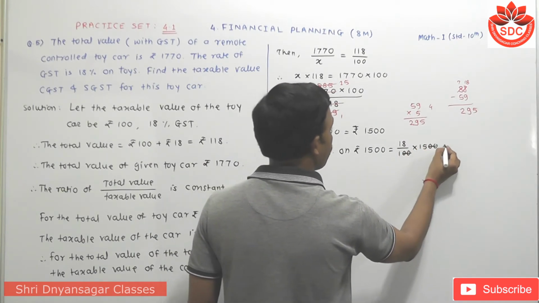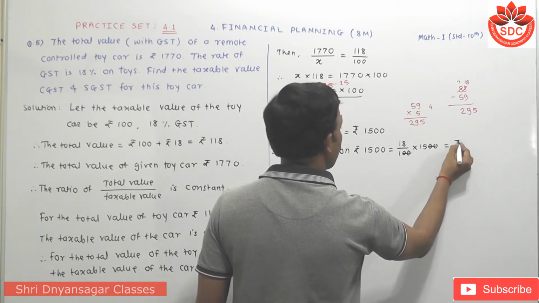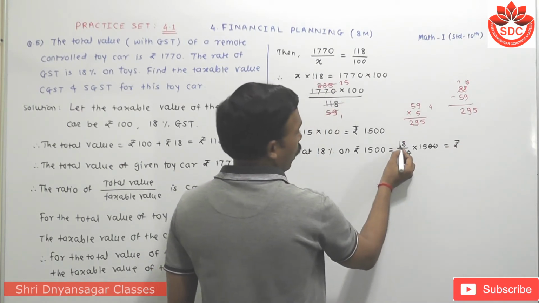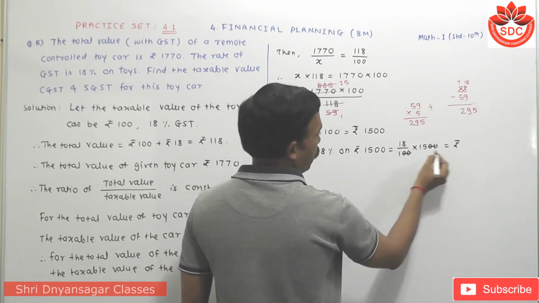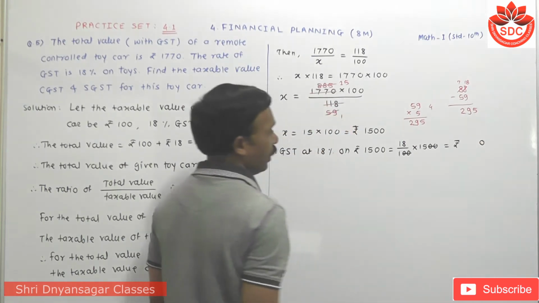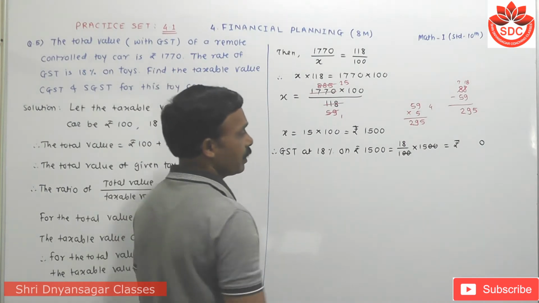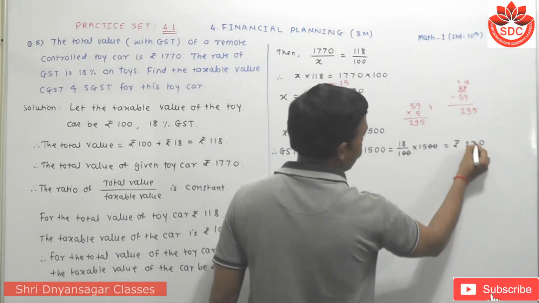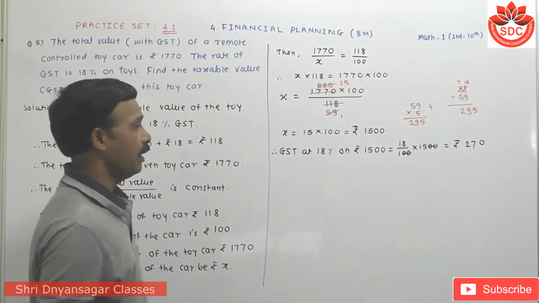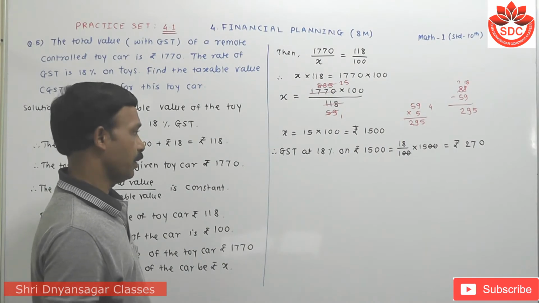These two zeros get cancelled, so it is rupees 18 into 15, which is 270.